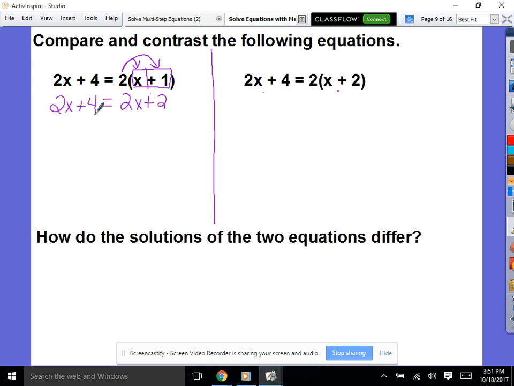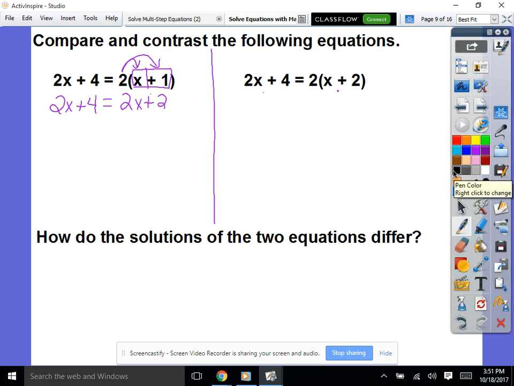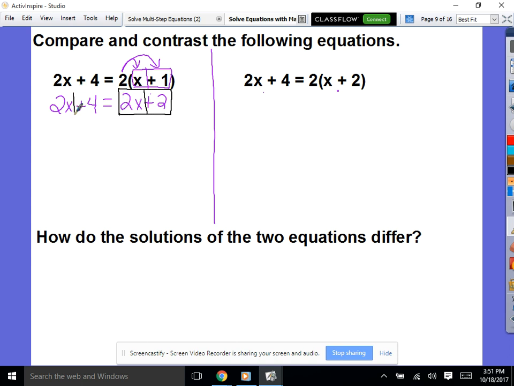Step 2 is to combine like terms. I have a variable and a constant, so no like terms on the left. Variable, constant, no like terms on the right. I'm going to box in my terms just because it makes it simpler to see.